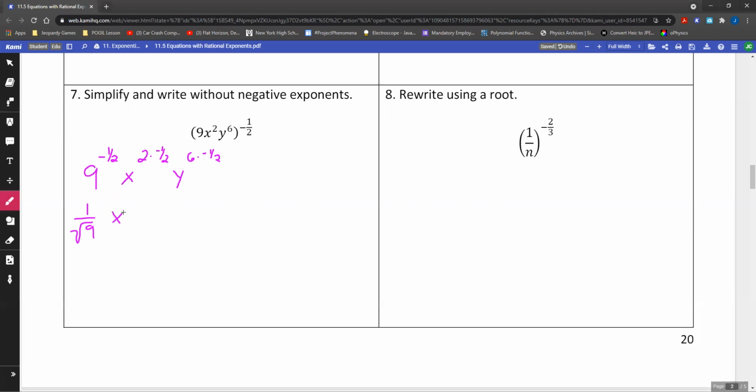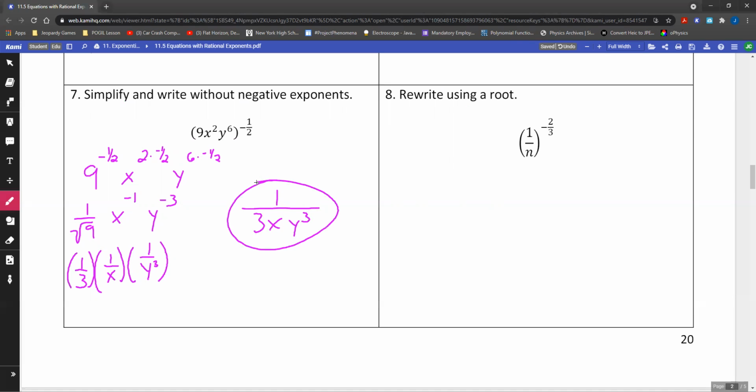This ends up just being negative 1. And this ends up being negative 3. This becomes 1 over 3. This becomes 1 over x. And this becomes 1 over y cubed. Putting all this together, this simplifies as 1 divided by 3x y cubed, since they're all being multiplied.